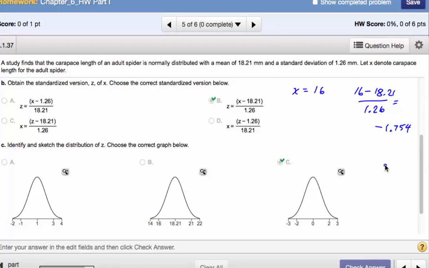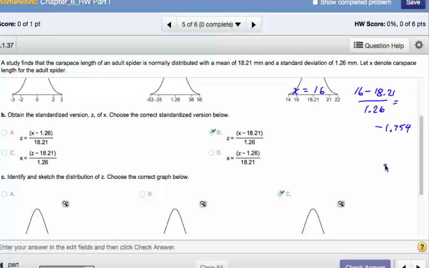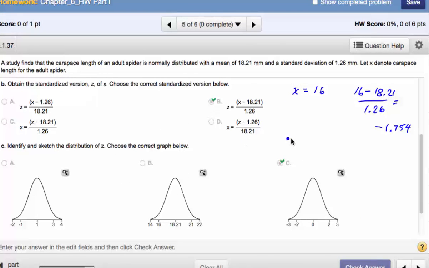Okay, and then what about 17? Was it 16 to, what did I say? 17. So this is closer to the mean, so it's going to be less standard deviations down. So what is this one? Minus 0.960.